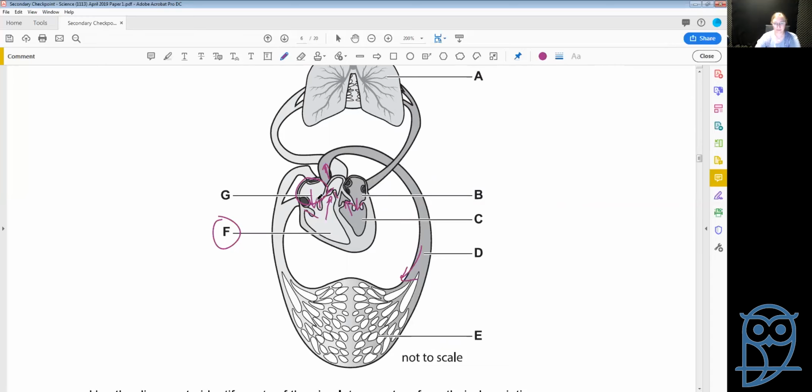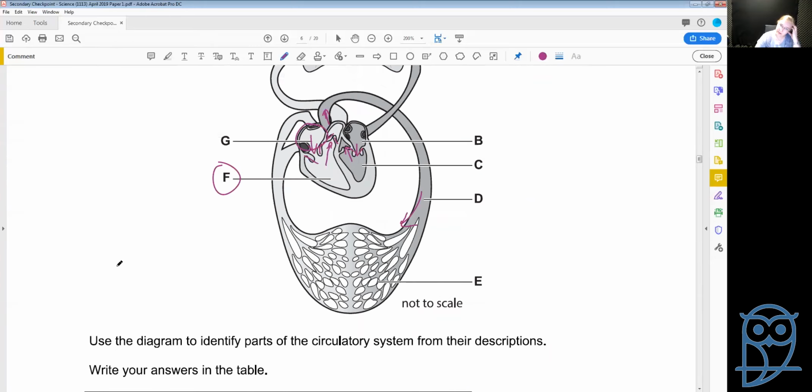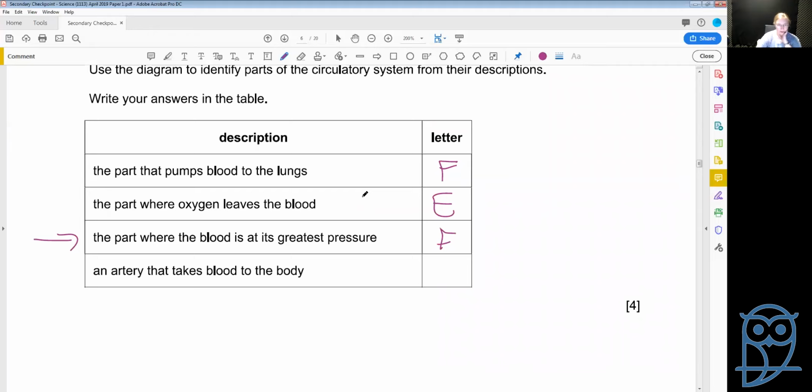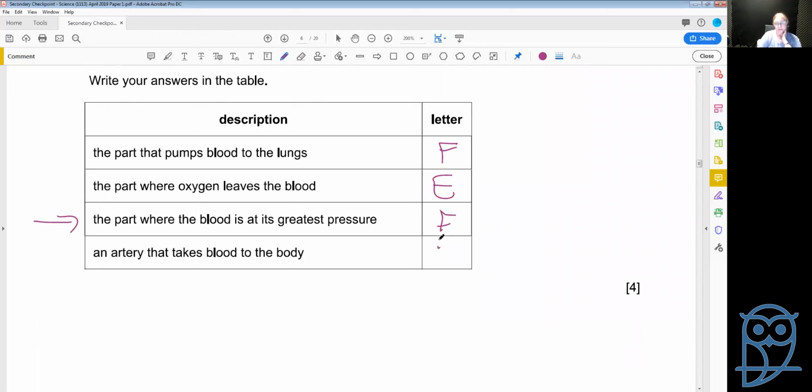I'll say F, because F is where the blood gets pressurized to actually go through the rest of the body. This one is a little hard to know, mainly because their sketch is slightly weird and wonky. Yeah, and the reason why the sketch is slightly weird and wonky is the bigger heart chamber, this one, is technically supposed to be going to the body and not to the lungs. Okay, an artery that takes blood to the body, so that would be D on our sketch.